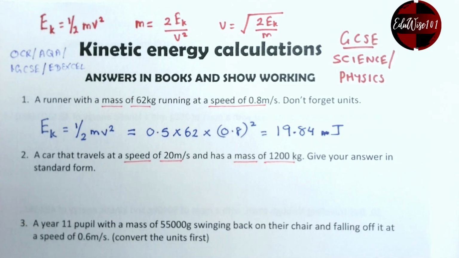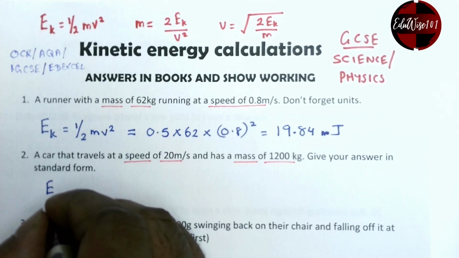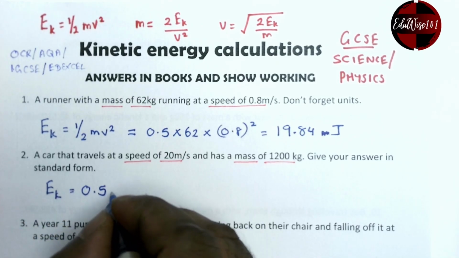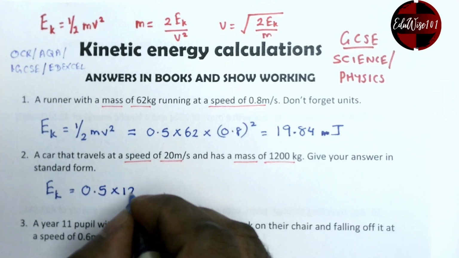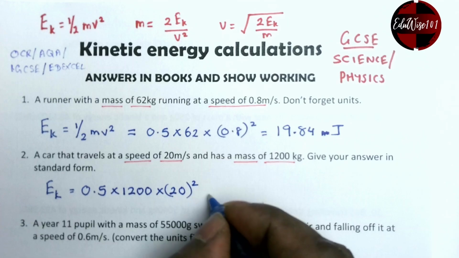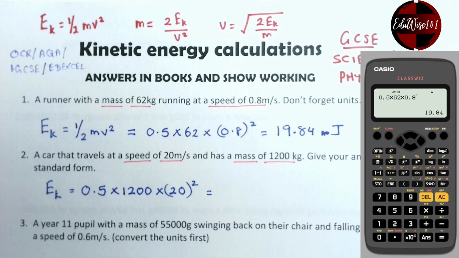Okay, so EK equals 0.5 multiplied by the mass of 1200 multiplied by 20 squared, equals 240,000.